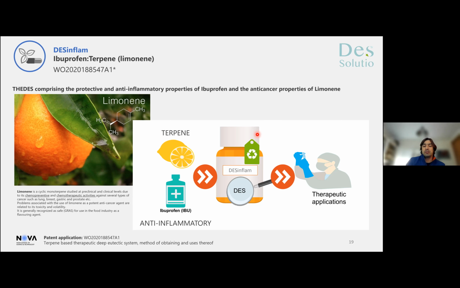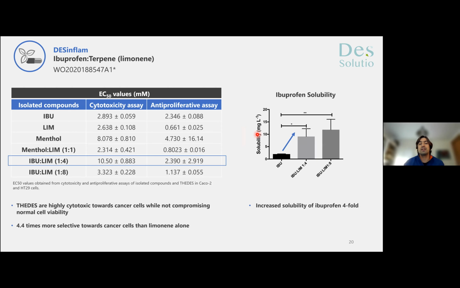Also, the development and multiplication of cancer cells is an inflammatory process, so anti-inflammatory drugs such as ibuprofen can reduce the multiplication of cancer cells. They can help prevent the proliferation of cancer cells. So if you combine a terpene such as limonene with an anti-inflammatory drug such as ibuprofen, this may be a good solution. It can be an effective drug for cancer treatment.